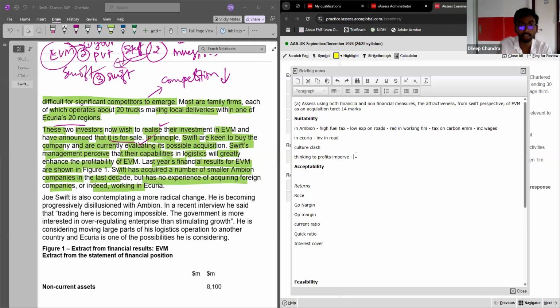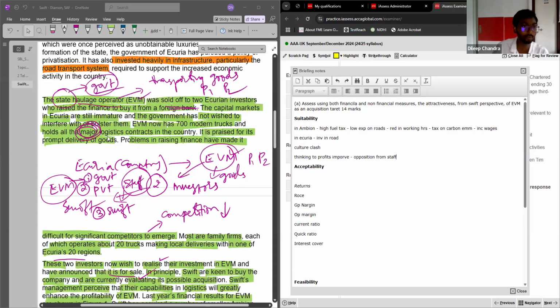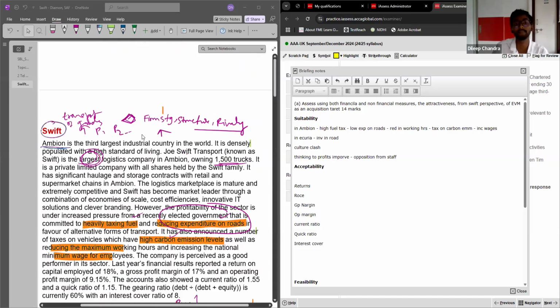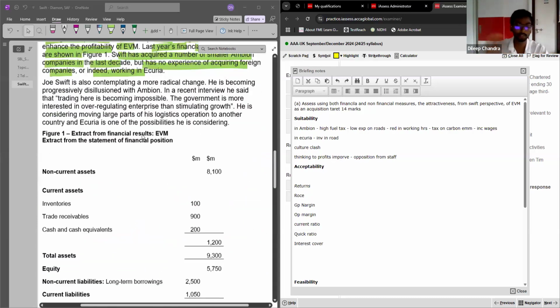But on the other hand, maybe some opposition from staff, because they might be fed up with changing managements. They worked under government. Maybe they got used to working in a certain way. Then these two investors have come. Those are the private people. They might be having different kinds of company policies. Staff got used to that. Now Swift has come into the picture. So maybe some opposition could be there.